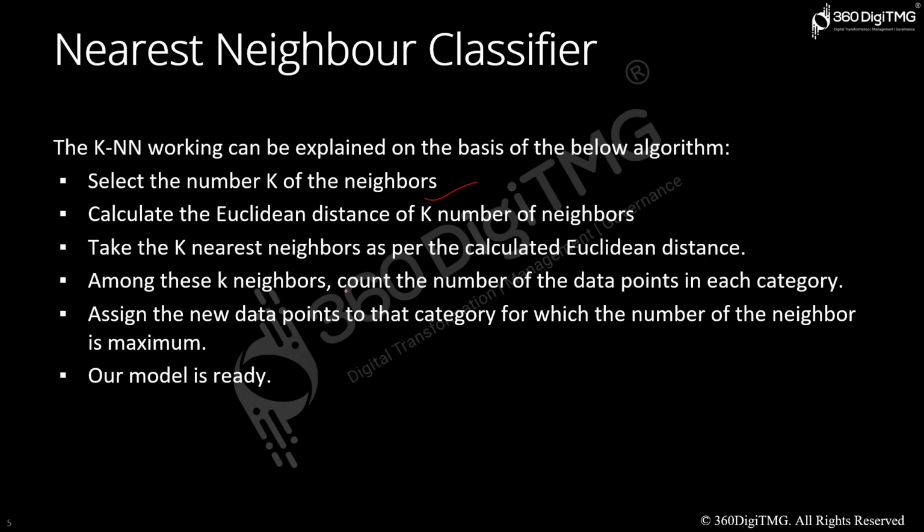Among these k neighbors, we count the number of data points in each category. Next, we assign the new data point to the category for which the number of neighbors is maximum. Then our model is ready.